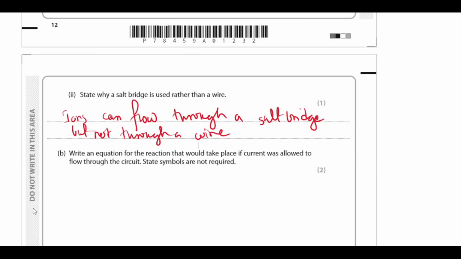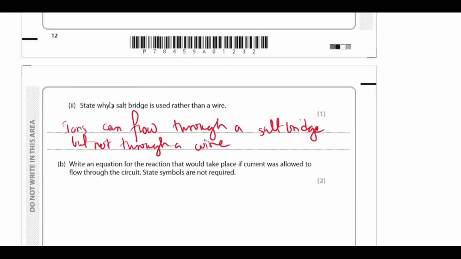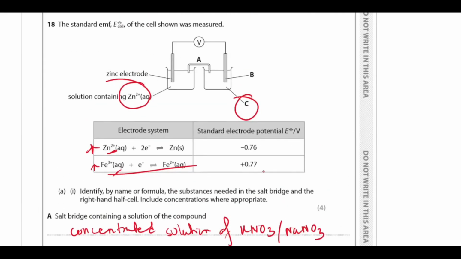Now, they said to write an equation for the reaction that would take place if the current was allowed to flow through the circuit, and state symbols would not be required. If we look at the standard electrode potential, this is negative, right? Since it's negative compared to its counterpart down here, it's more likely to get oxidized.